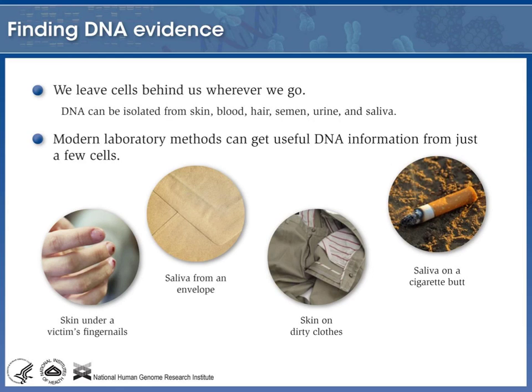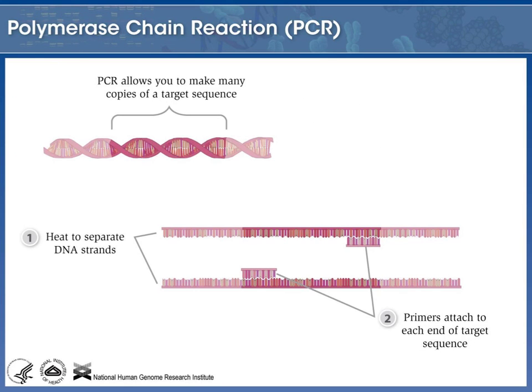So, cells, we leave cells all over the place. So you can oftentimes harvest DNA. Now, in the past, you needed lots of DNA, but now you can actually amplify it and get millions and millions and millions of strands. Okay? And that's what this is.